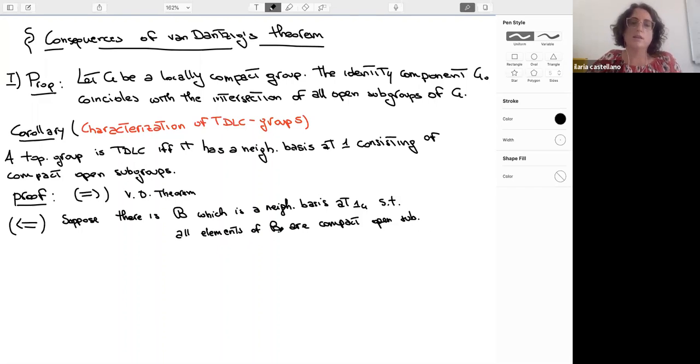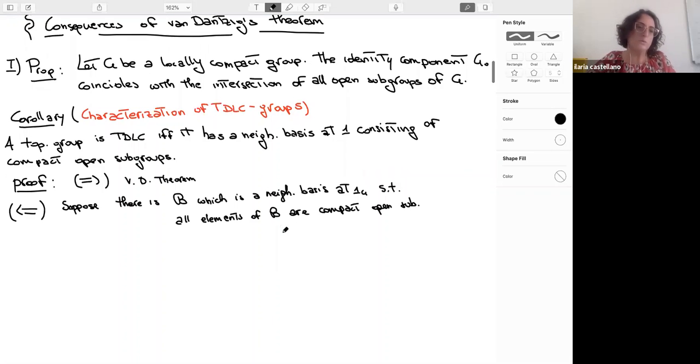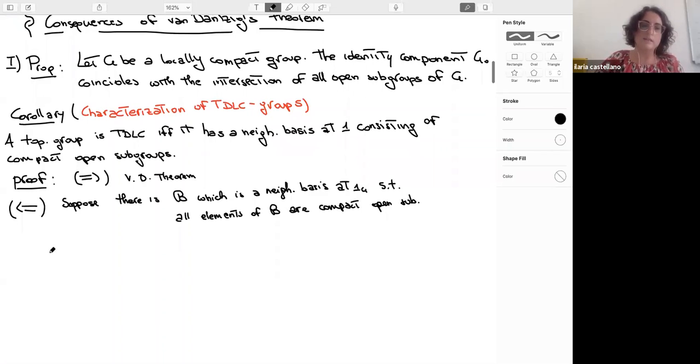Okay, since we have compact neighborhoods of the identity, the group is locally compact. So this is clear. We need to prove that the group is totally disconnected.